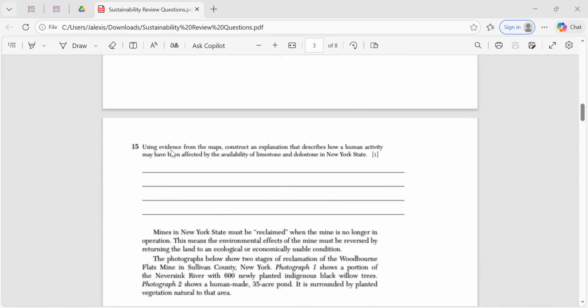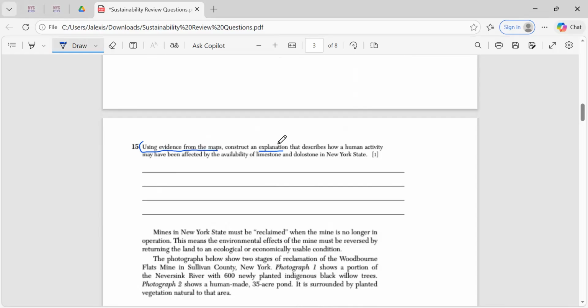So starting at 15, it says using evidence from the maps, construct an explanation that describes how a human activity may have been affected by the availability of limestone and dolostone in New York State. So when I'm looking, they want me to explain.